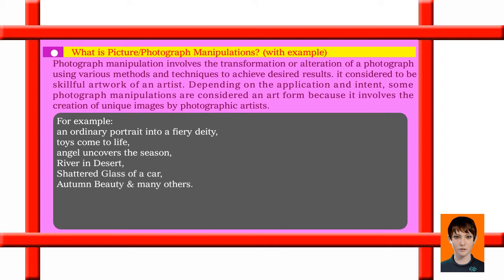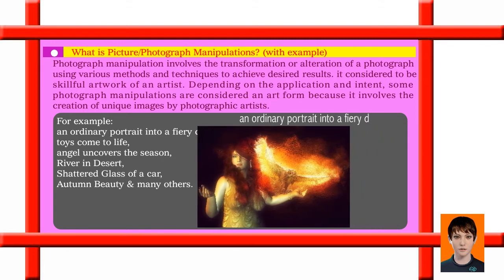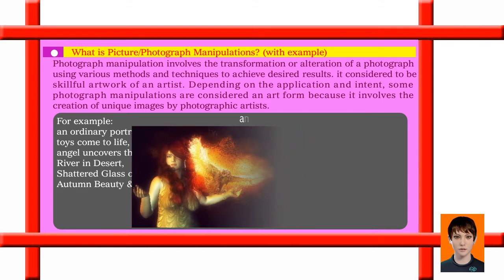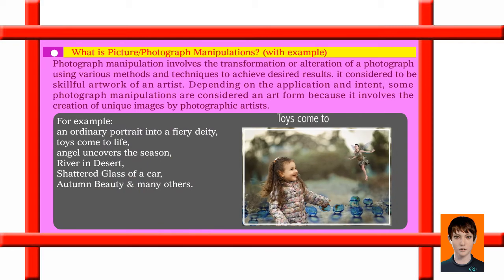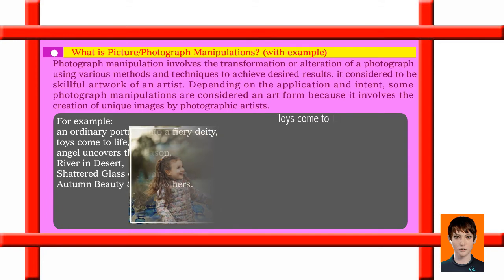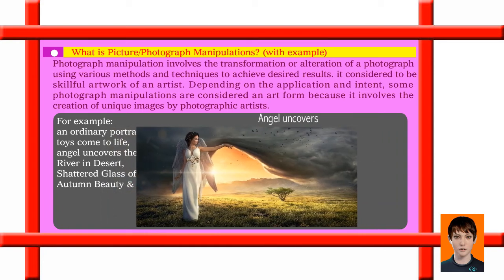For example, an ordinary portrait turned into a fiery deity. Toys come to life. Surely many of us have such wishes in our childhood. Angel uncovers the season by her heavenly magic.